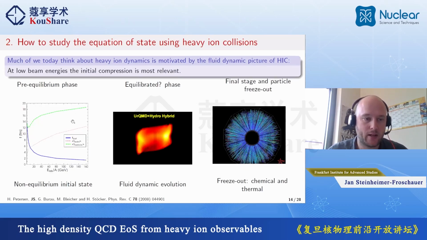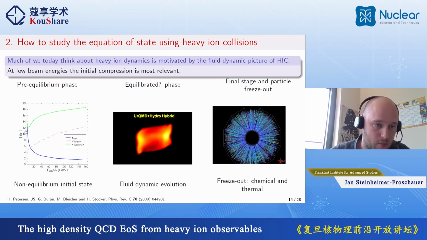And what happens at lower energies, the most important thing, is what you see on the left-hand side here. So we already knew this some years ago, but we really never cared about it. What you see is that the starting time of your hydro evolution, if you go to beam energies below, let's say, 20 GeV, suddenly becomes very large. So what does that mean?